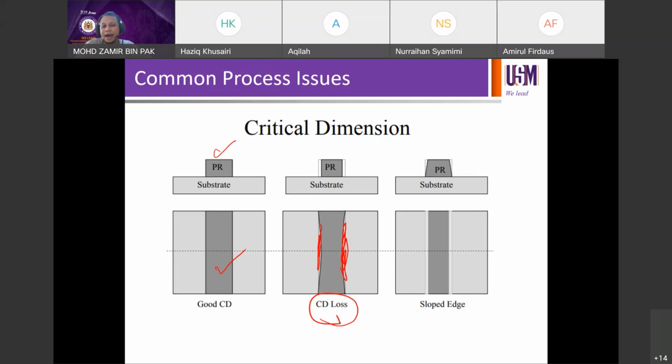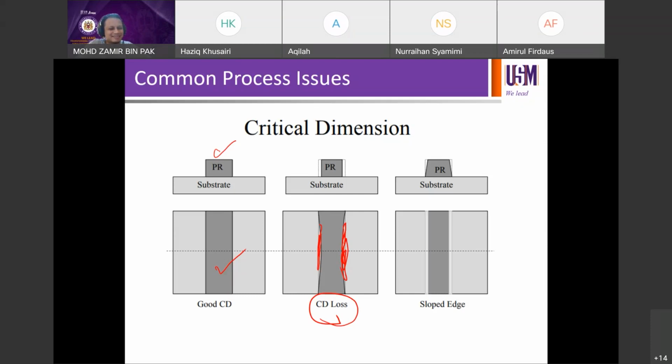To get the CD back on track into the SPC chart. Kalau nak support Mirul, Mirul cakap tadi kita kena decreasekan. Dia cakap increase. Oh, increase. Increasekan. Are you supporting him or against him?